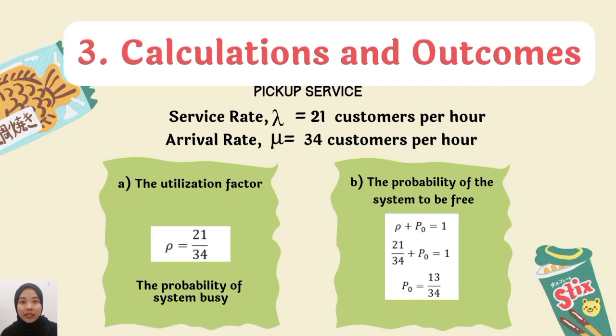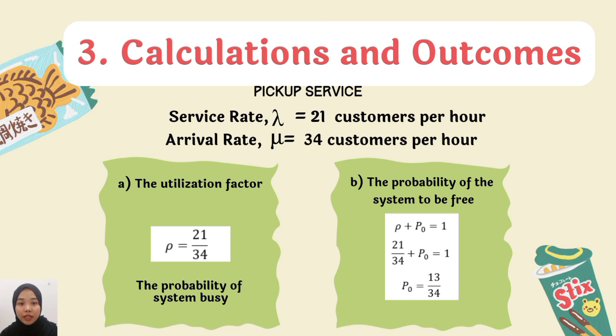Next, to calculate the pickup service, we have service rate lambda equal to 21 customers per hour and the arrival rate mu equal to 34 customers per hour. So we can calculate the utilization factor, which is rho equal to lambda over mu, where we get 21 over 34, which represents the probability of the system being busy.